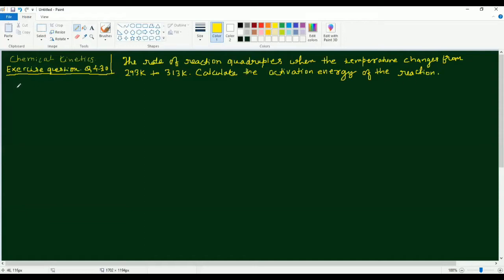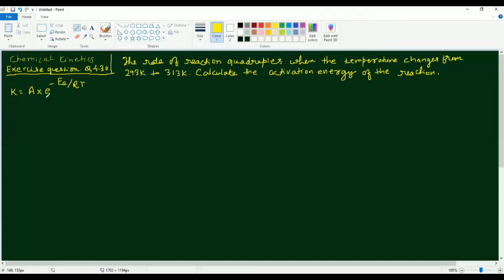So what is that equation which relates the activation energy and temperature with rate constant? It is the Arrhenius equation. So we know that K is equal to Arrhenius constant A multiplied by e raised to the power activation energy by universal gas constant multiplied by temperature.